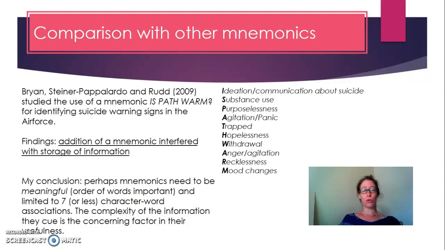But another issue could be the complexity of the information we're coding with the mnemonics. It's easy to remember north, east, south, west, for example, NEWS, because there are only 2 things: the letters standing for symbols and the compass points.